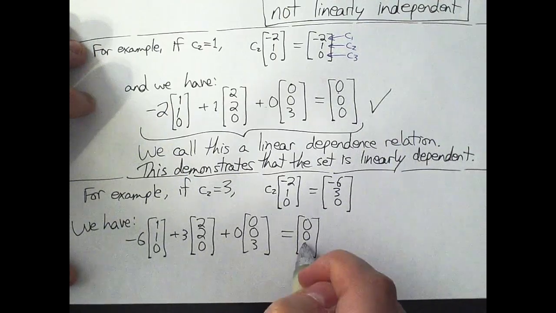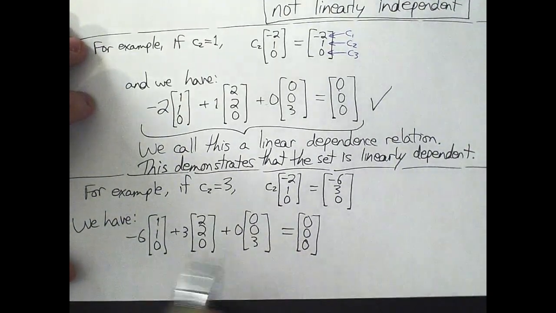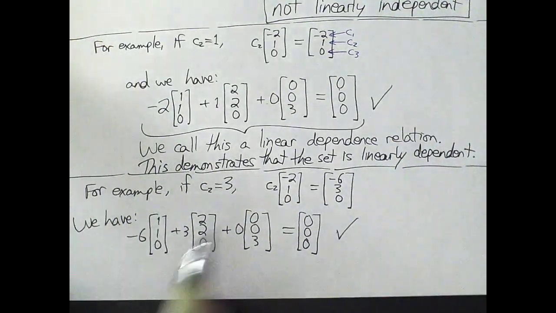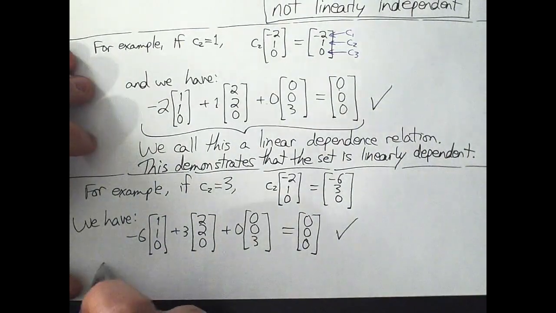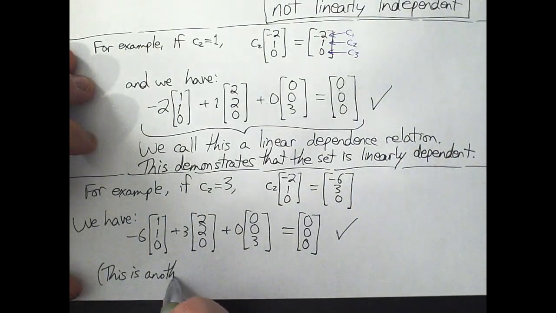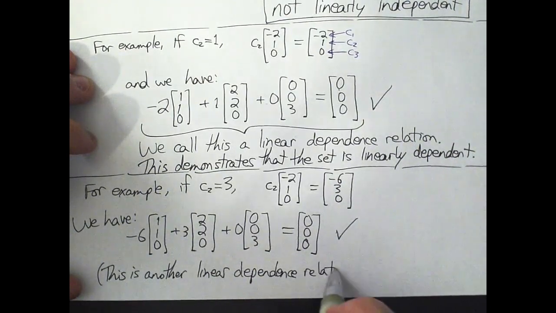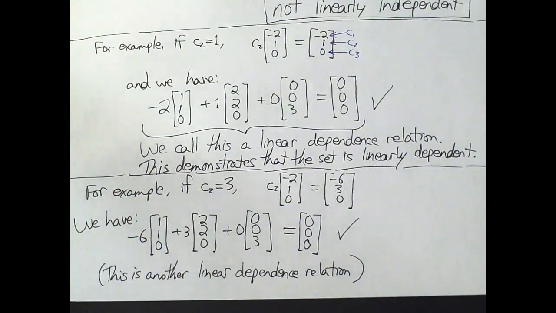Does this equal all zeros? I'll let you check that out, but yes, it does equal the 0 vector. I'm going to put a check mark next to it. So this is another linear dependence relation. So the same set of vectors can have more than one linear dependence relation.